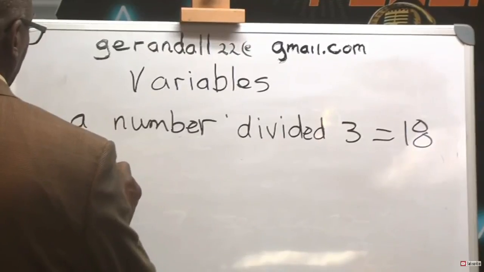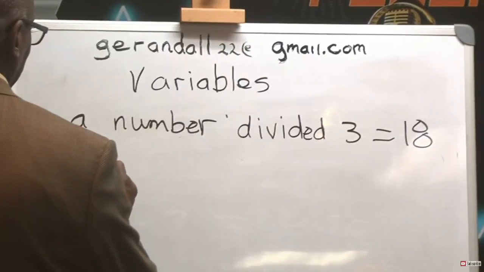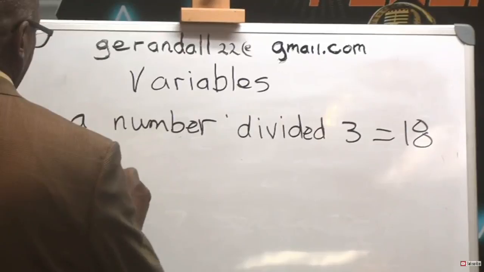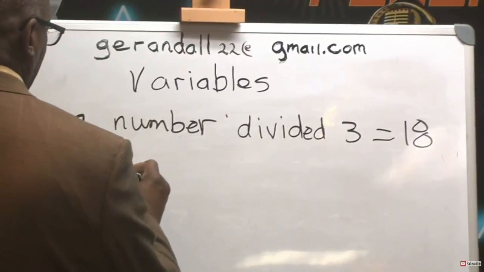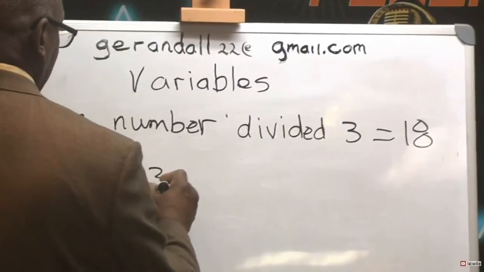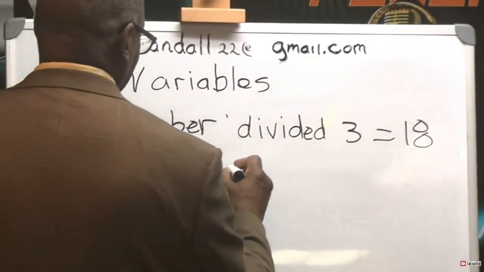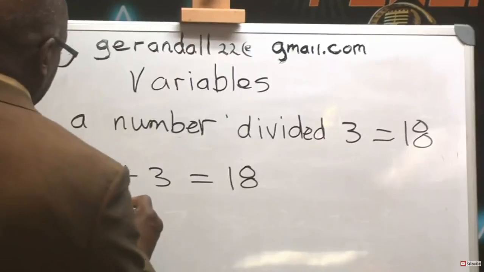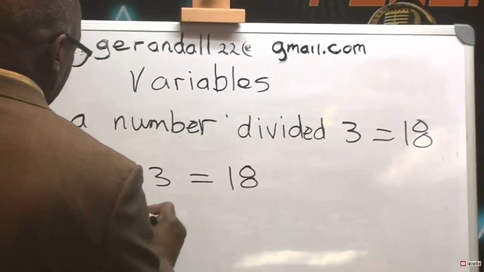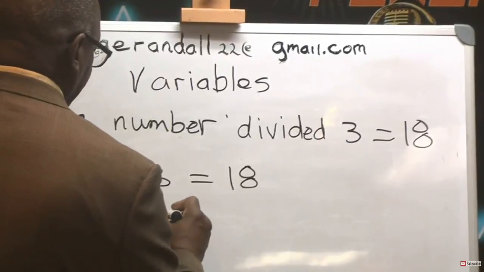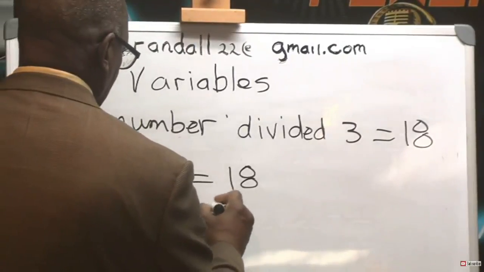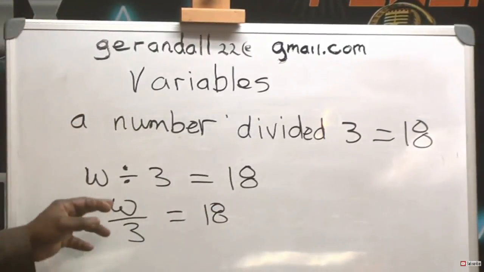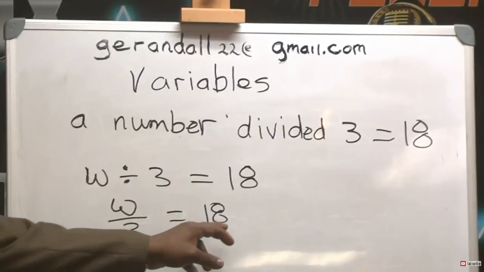We used m before. Let's use w. w divided by 3 equals 18. And I just like to rewrite. That says a number divided by 3 equals 18.